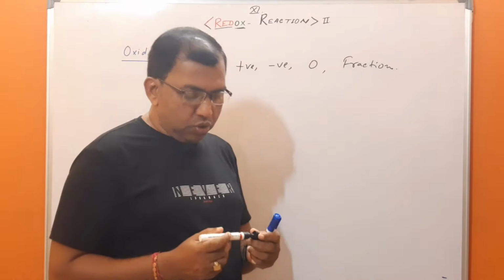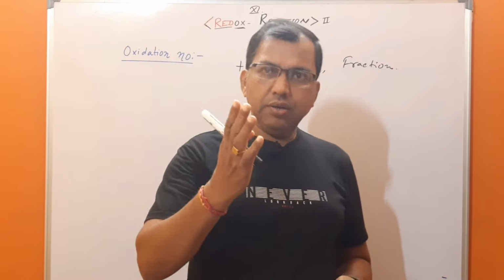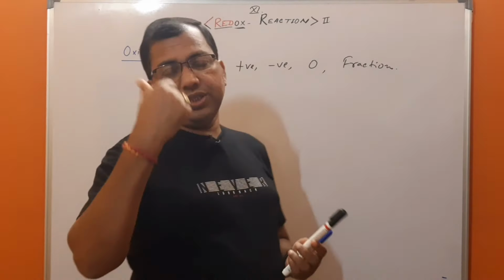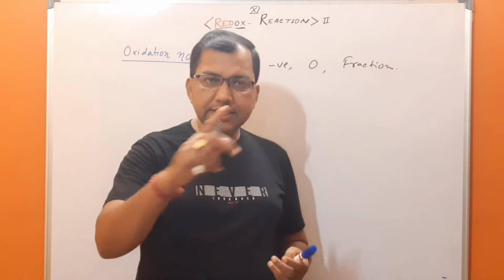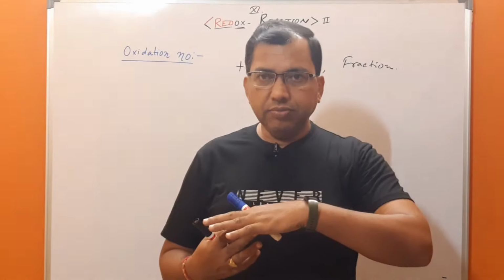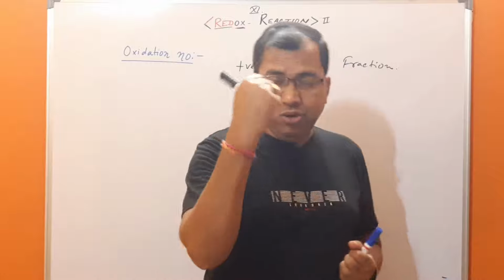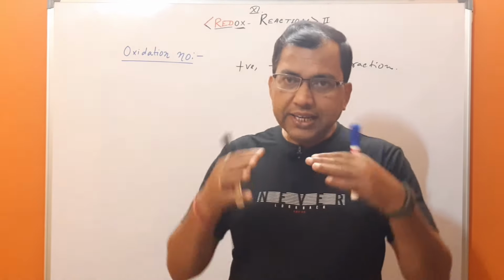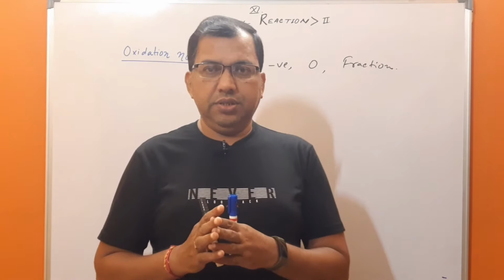Oxidation number changes with change in valency. So what is the difference between valency and oxidation number? Valency is the combining capacity of an atom with another atom or element. Oxidation number is the charge actually present or appearing to be present in it.